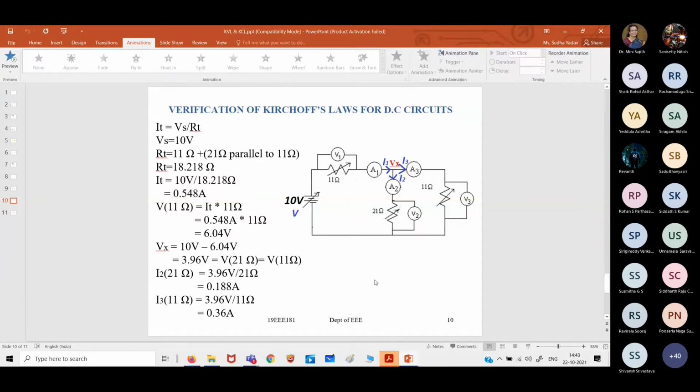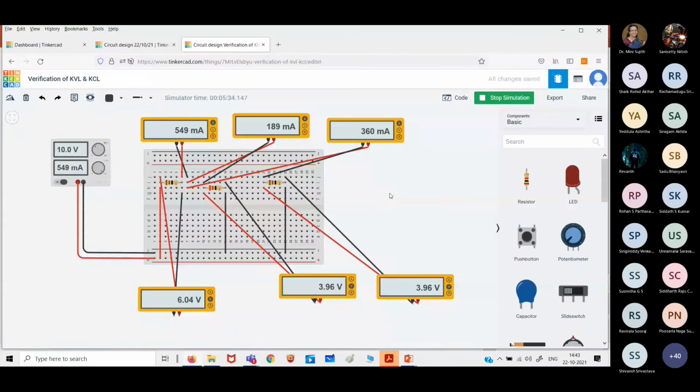Have you taken it? If your connections are correct, definitely you will get similar values. Once you get these values, please do the theoretical calculations, so we can cross verify that what we calculated matches the readings we achieved. Every time you may not get the same values: the resistors may change, the supply voltage may change, or even the number of resistors may change.